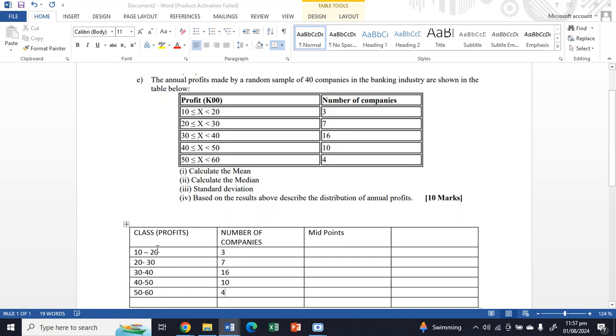Midpoint, you just add 20 plus 10 and divide it by 2. You do not want to do 10 plus 19.999 and divide it by 2. We don't want those decimals.